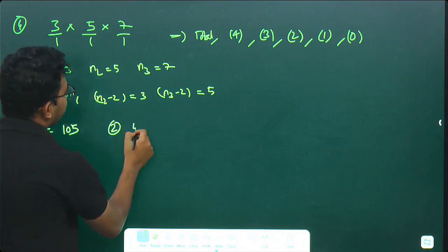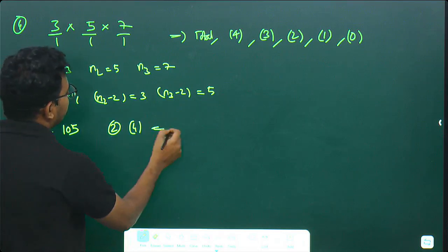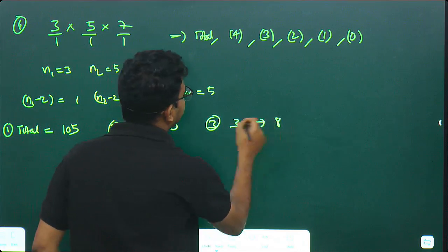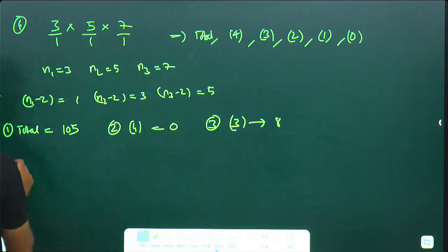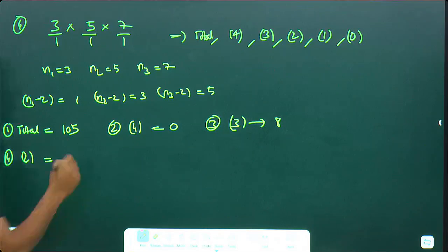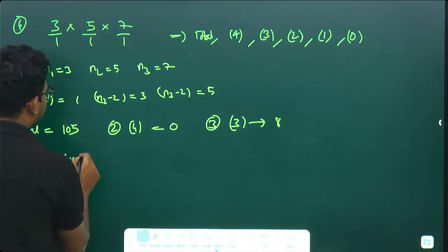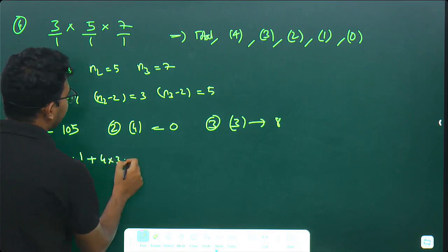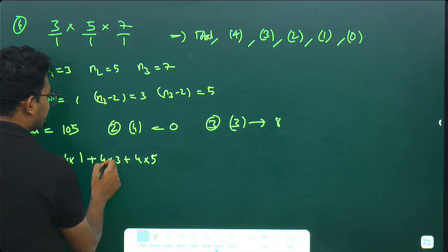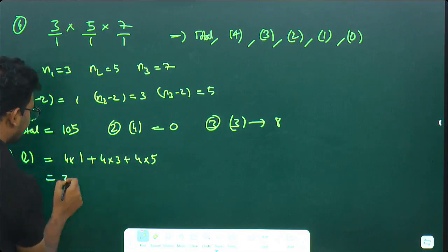Second one, 4 surfaces painted, 0. Third one, 3 surfaces painted, which is 8. Next, 2 surfaces painted. The formula is 4 into 1, 4 into 3 plus 4 into 5. So 4 into 5 is 20, 20 plus 12, 32, 36.